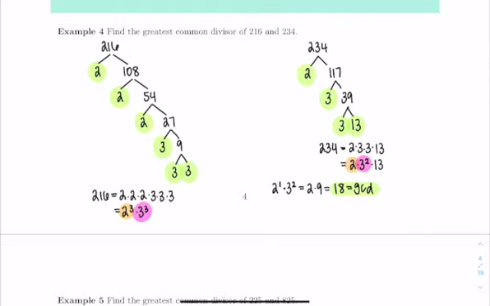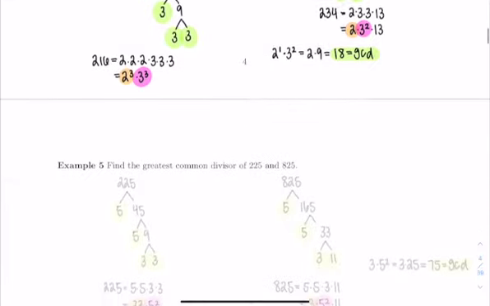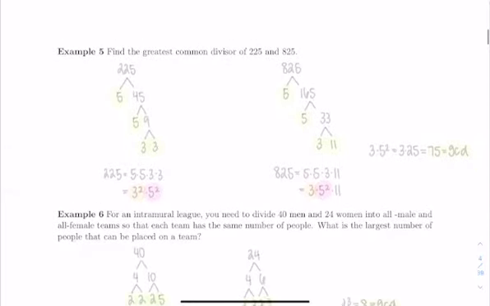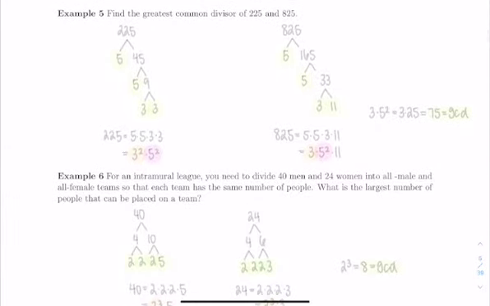Let's go ahead and try another one. And so we want to do the same process with 225 and 825. 225 can be broken down as 5 and 45. 45 can be broken down as 5 and 9.